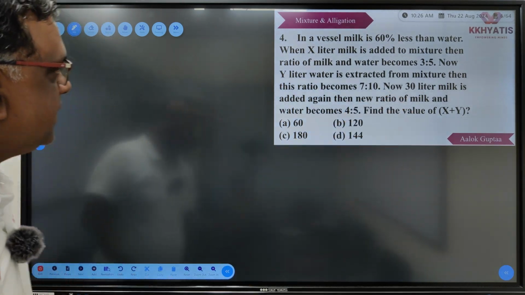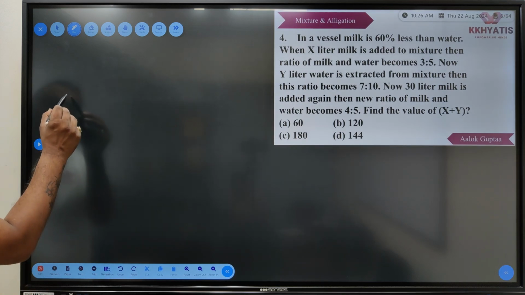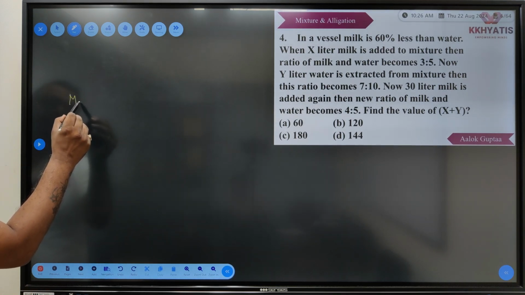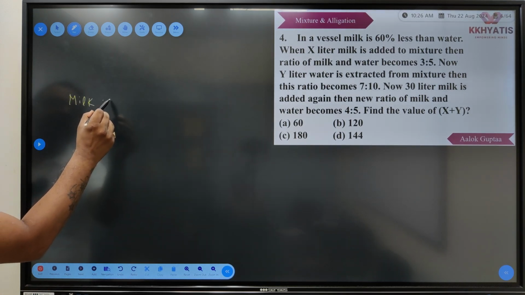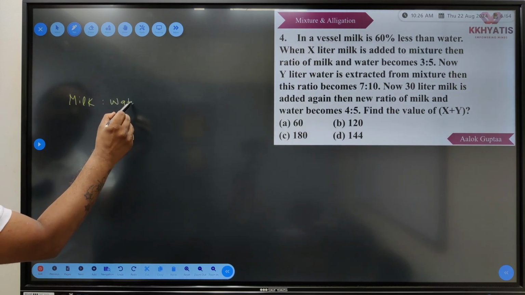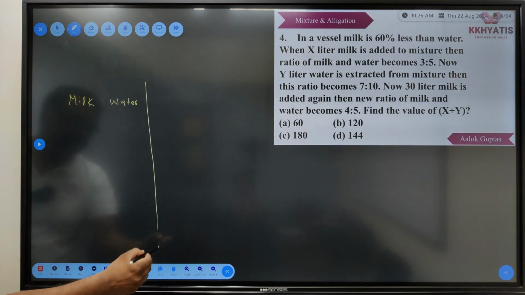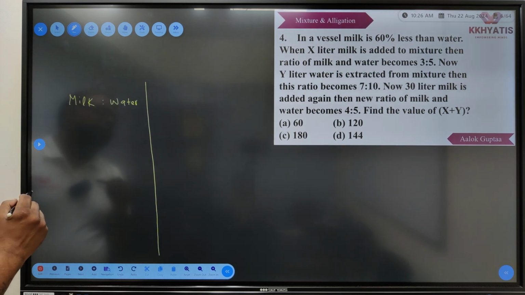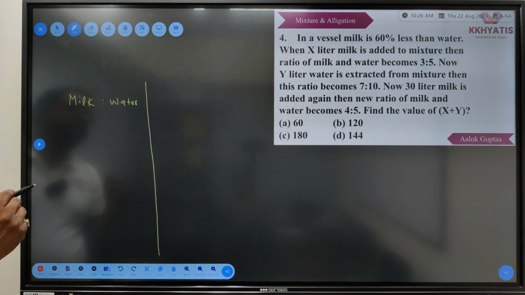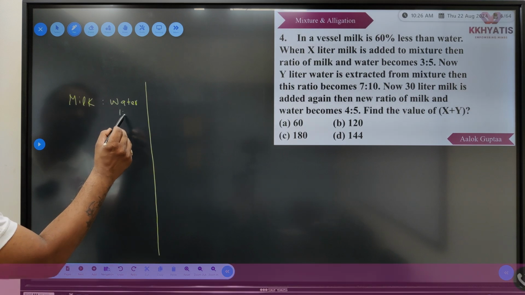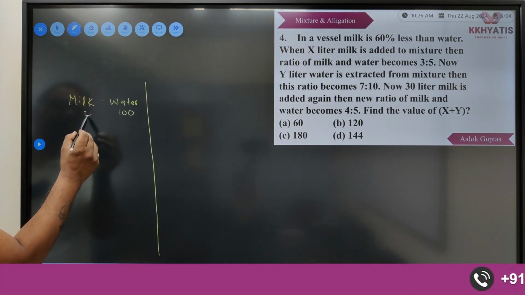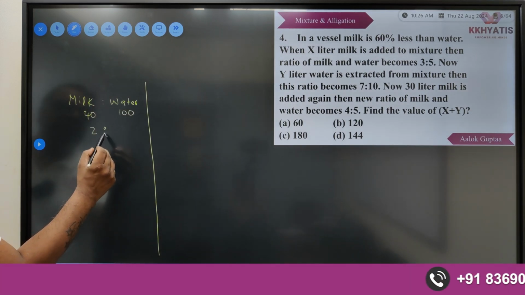So let's see. Let's try to plot the scenario. So let us say there is milk and there is water. Milk is 60% less than water, which means if water was 100, milk is 40, which means the ratio is 2:5.